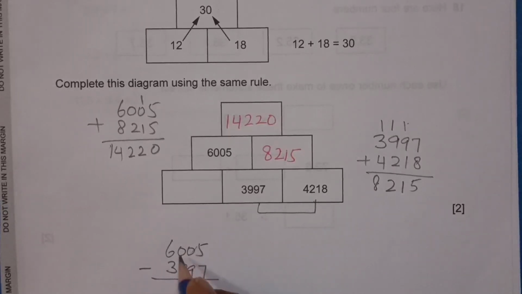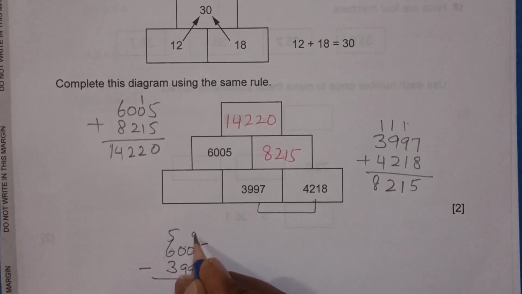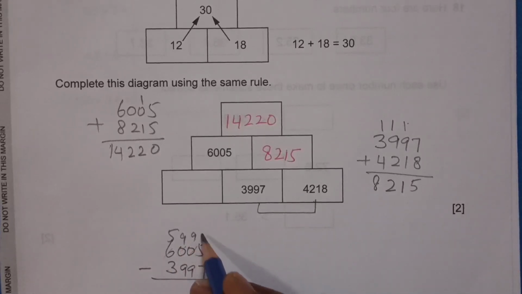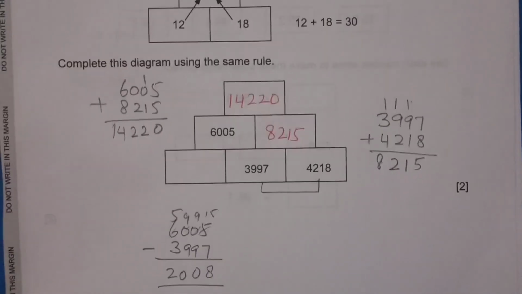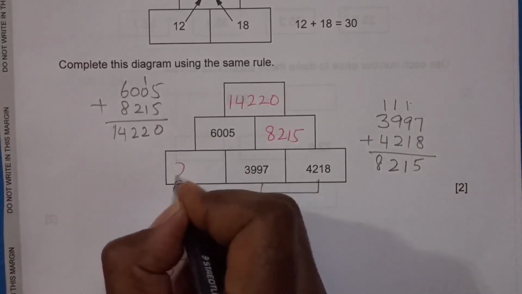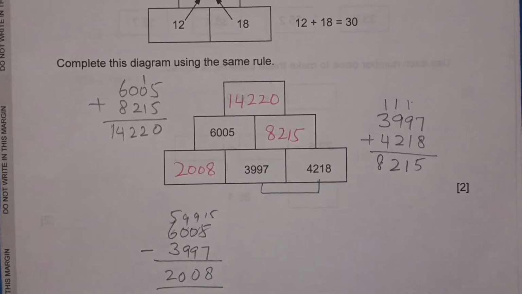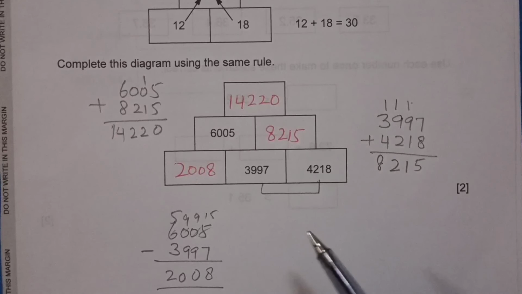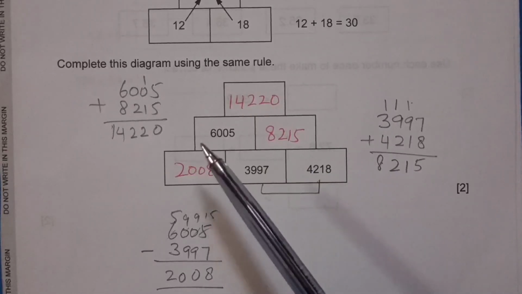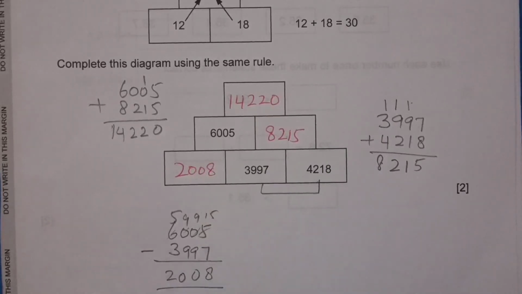So 15, this will be 5 here, 9 here. 15 minus 7 is 8. 9 minus 9, 0, 9 minus 9, 0, 5 minus 3 is 2. 2008. So that's how you will complete these boxes, by adding the numbers, and here we have to subtract the number.